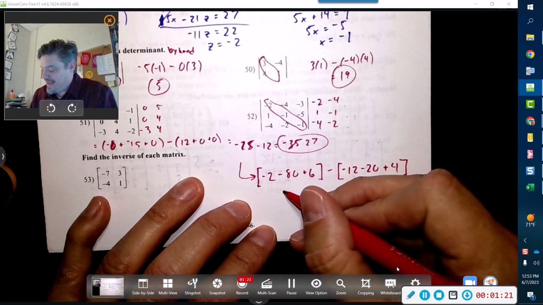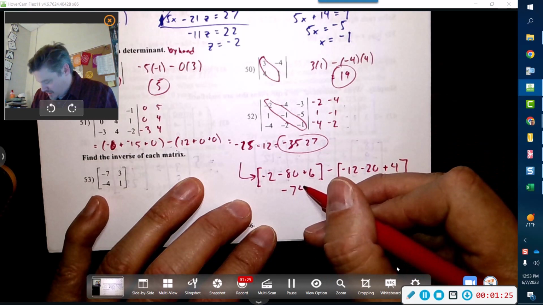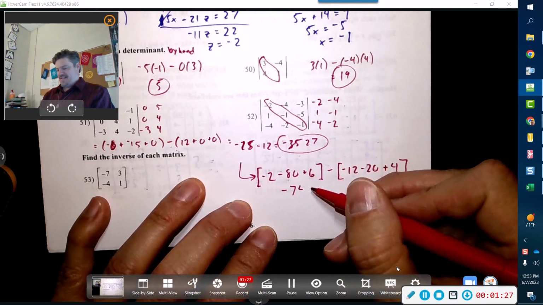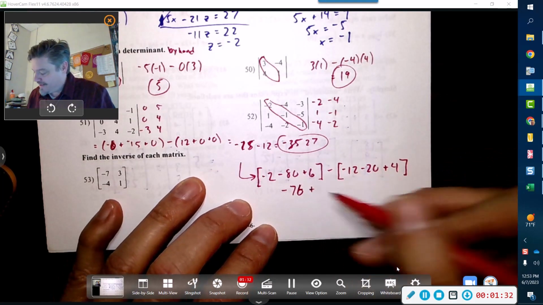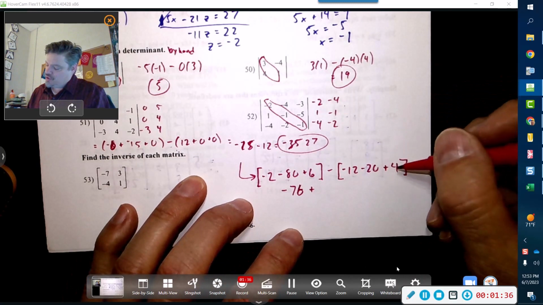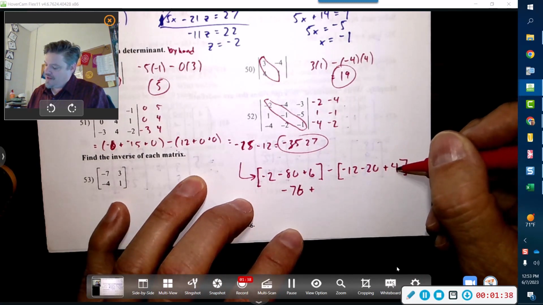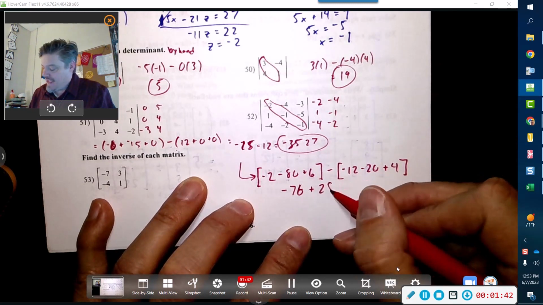6. That's going to be a negative 74, right? 6. And then that's going to be plus, that's going to be a negative 32 plus 4 is 20, and negative 28.